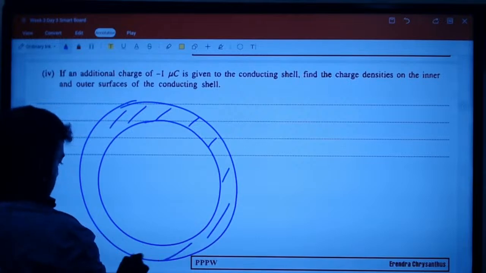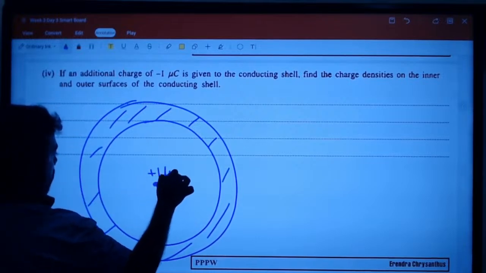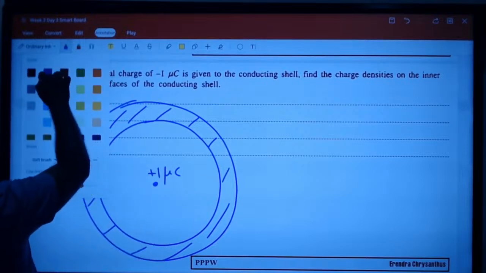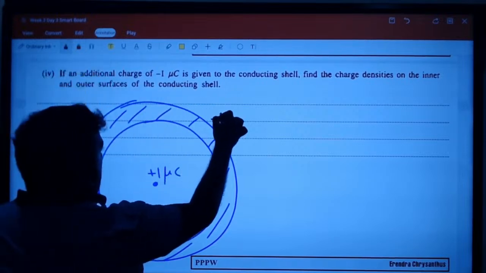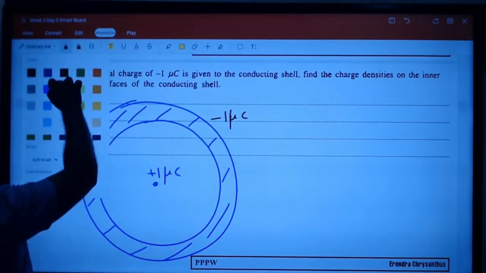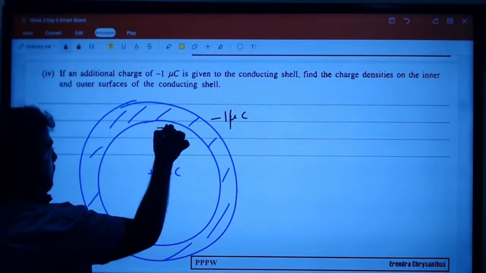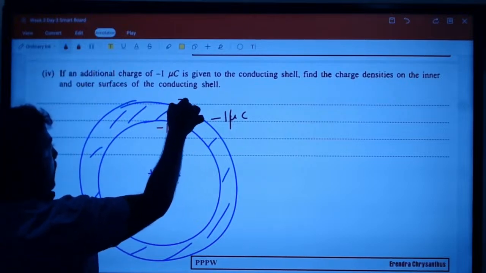Here you go: plus 1 microcoulomb. You are giving minus 1 microcoulomb. Don't forget the induced charges. Induced charges are minus 1 microcoulomb and plus 1 microcoulomb.